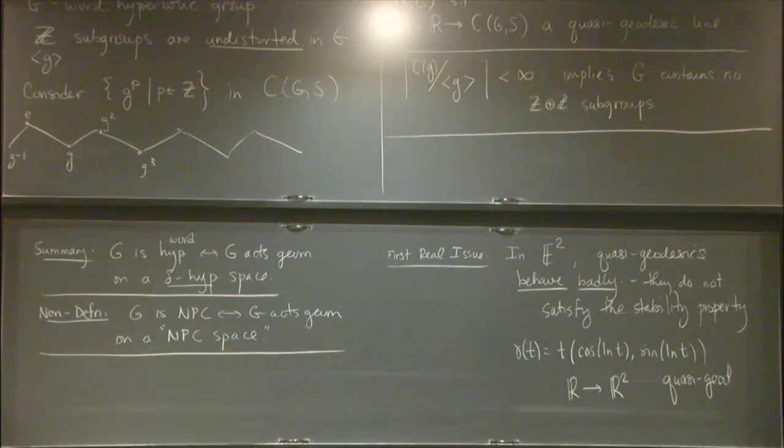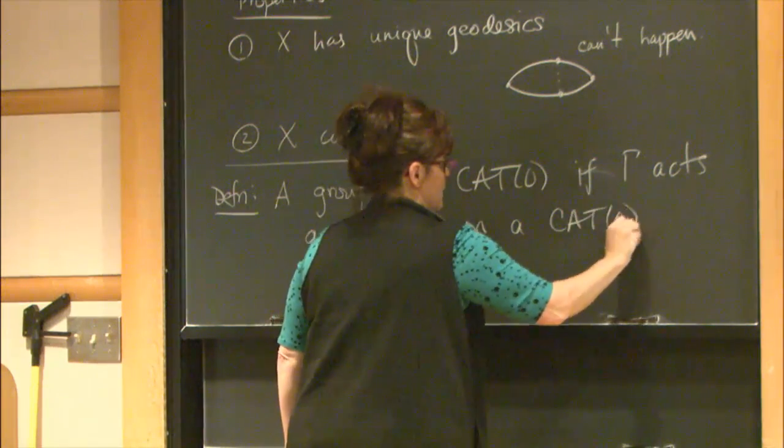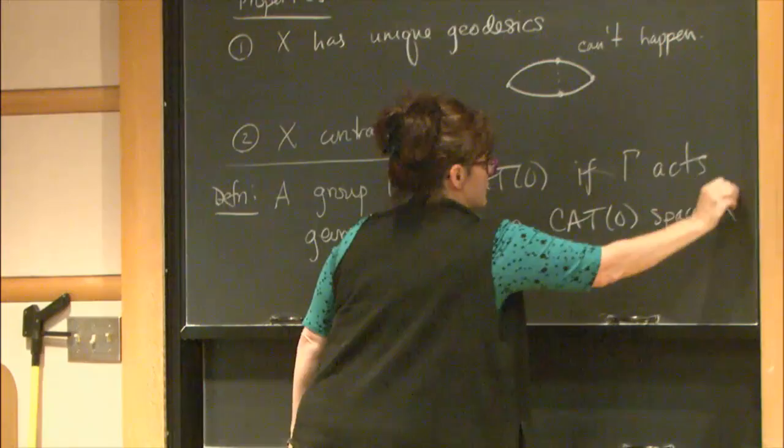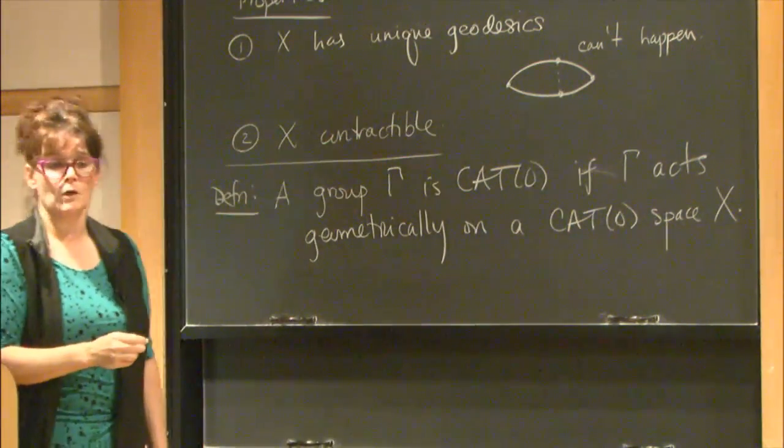A group gamma is cat zero if gamma acts geometrically on a cat zero space. Okay?